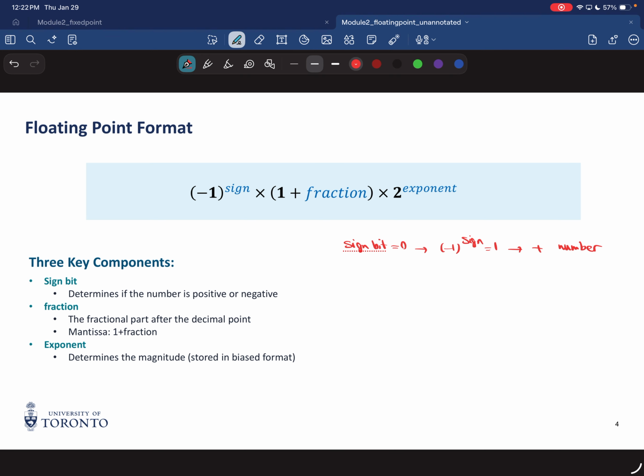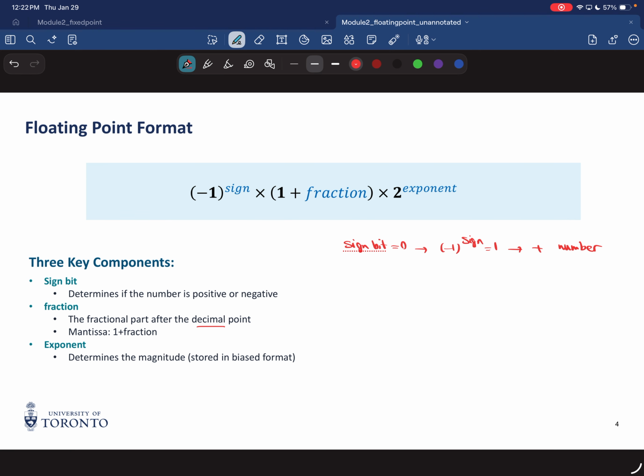Just like you would do in scientific notation, you always have the point after the first digit. The fraction is really what comes after the binary point, or decimal point if you are converting from decimal. You will also hear another term, mantissa. Be careful, because sometimes fraction and mantissa are used interchangeably, but they're not the same.